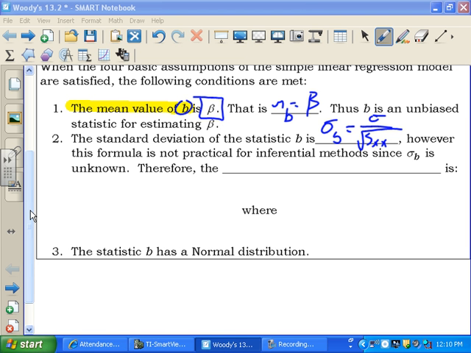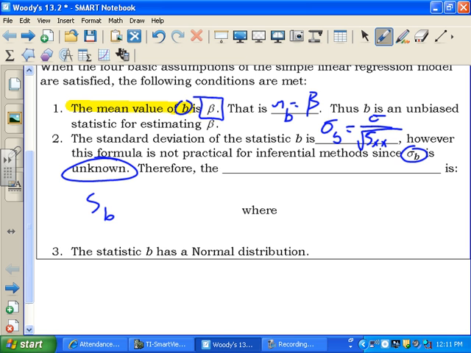It does say the square root of S, X, X, and I'll say what that is in just a sec. However, this formula is not practical for inferential methods since sigma is unknown. When we see sigma is unknown, that tells us it's what kind of test? T-test. Okay, we have unknown sigma. It's a t-test.